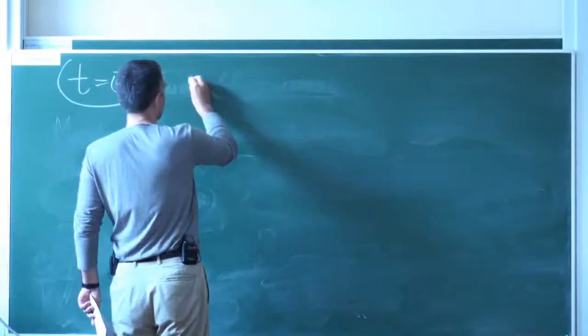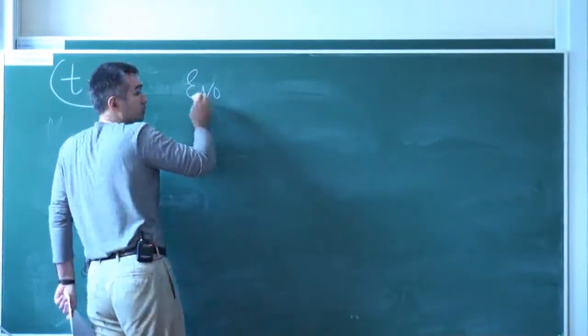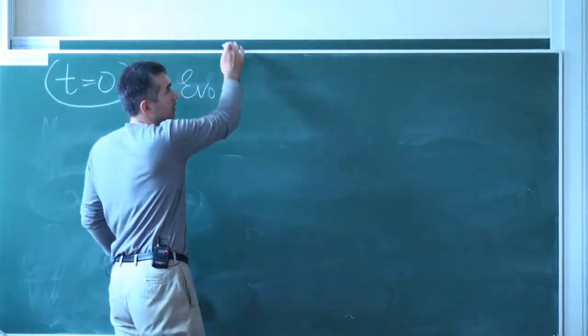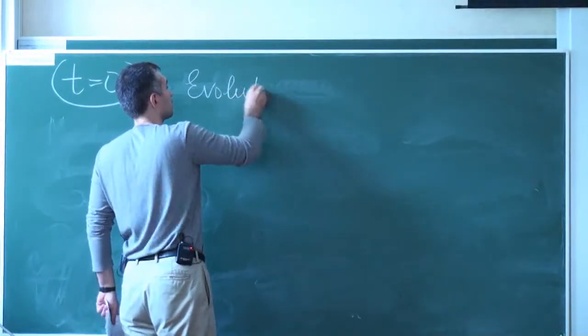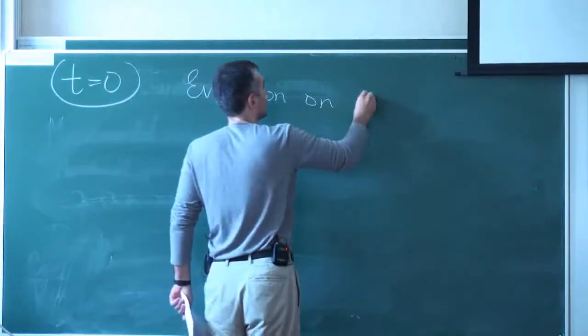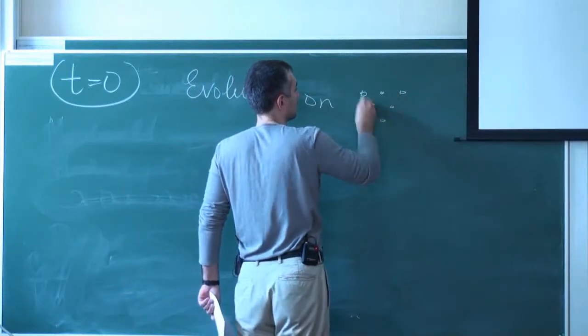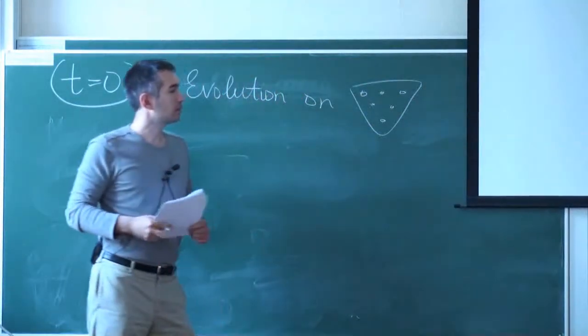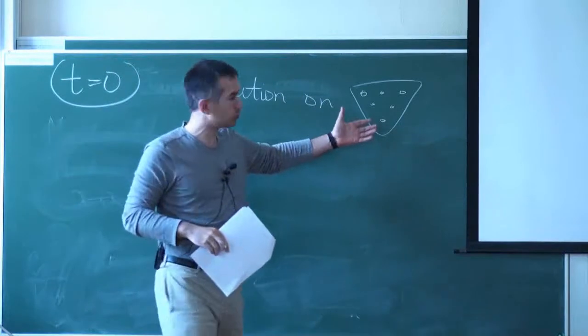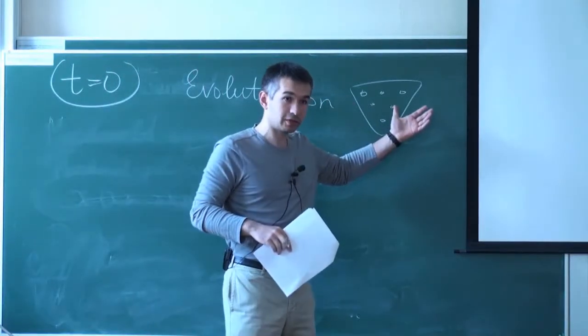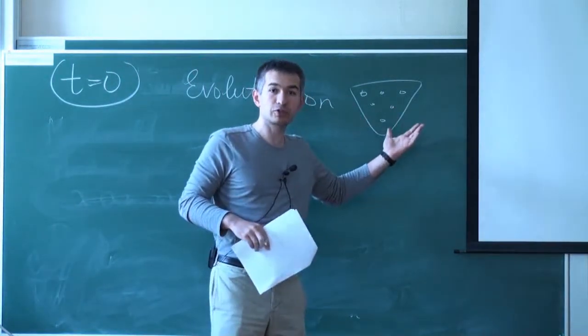And then here is a definition, or rather not the definition, but the result of the evolution on the triangular array. Remember, yesterday the evolution was that the particles were jumping to the right, and then they were blocking and pushing each other, right?